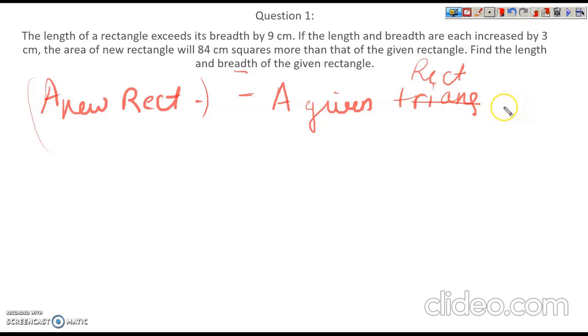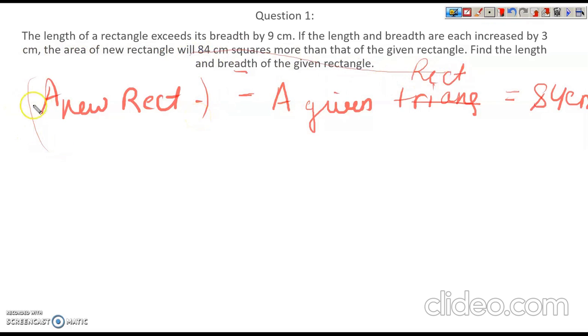To find the length and breadth of the given rectangle, it is given 84 centimeters square. You can see it is given the area of the new rectangle will be 84 centimeters more than that of the given rectangle.